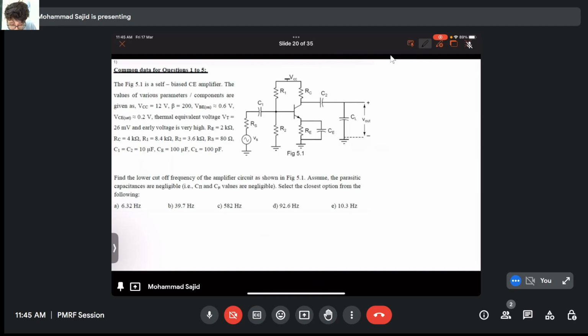In week 5, you have lectures on the frequency response of the circuit. When you have to find the frequency response, you should know the Laplace transform as well, and you should have a good hold on how to draw the equivalent circuit. The equivalent circuit is important here.